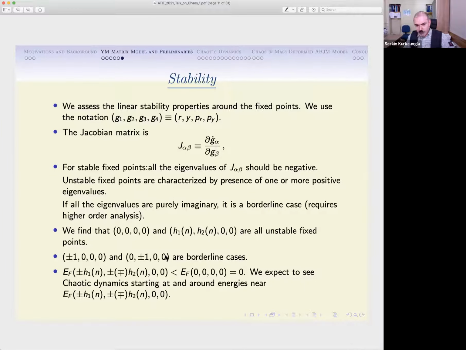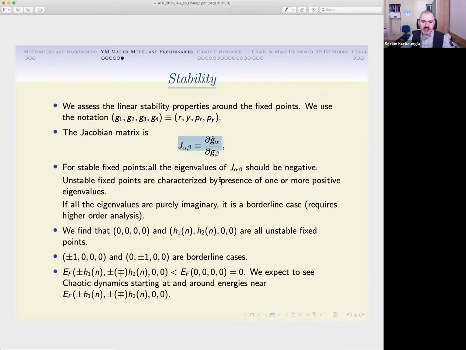There's one more point before I start to display some results on chaos, and that is the issue of stability around these fixed points. This is also a classical analysis. One can assess the stability in phase space by looking at the properties of the fixed points. This is just a generic notation to write down the Jacobian matrix in this manner. These are R, y and their conjugate momenta, simply denoted G1 to G4.